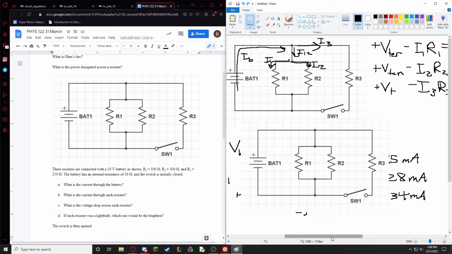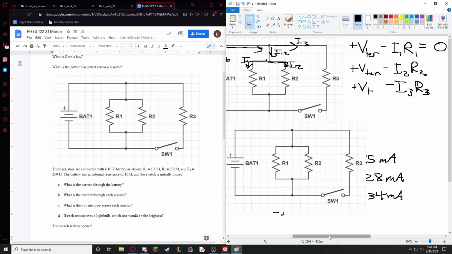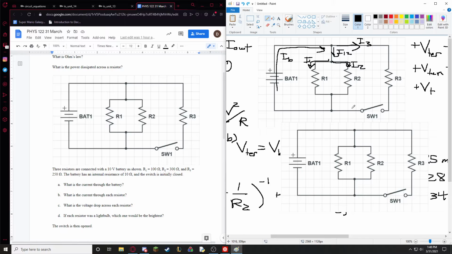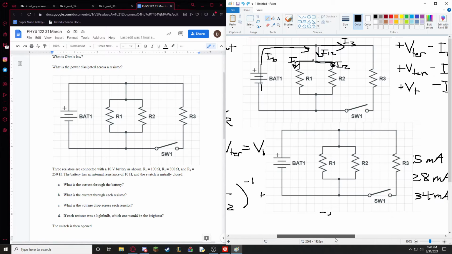So whichever is higher would be the brightest. So we can use our power dissipated across a resistor, which is IV, or I squared R, or V squared over R. And we can solve for the power dissipated across each resistor, and whichever one has the highest power is going to be the brightest.